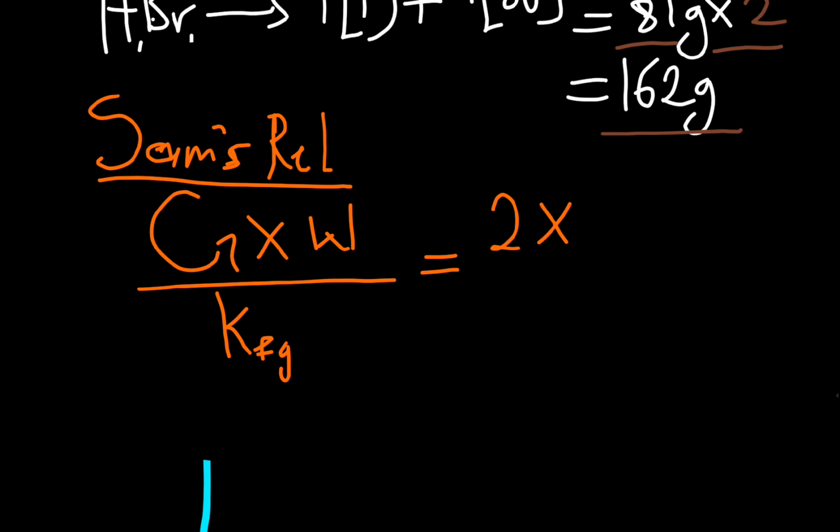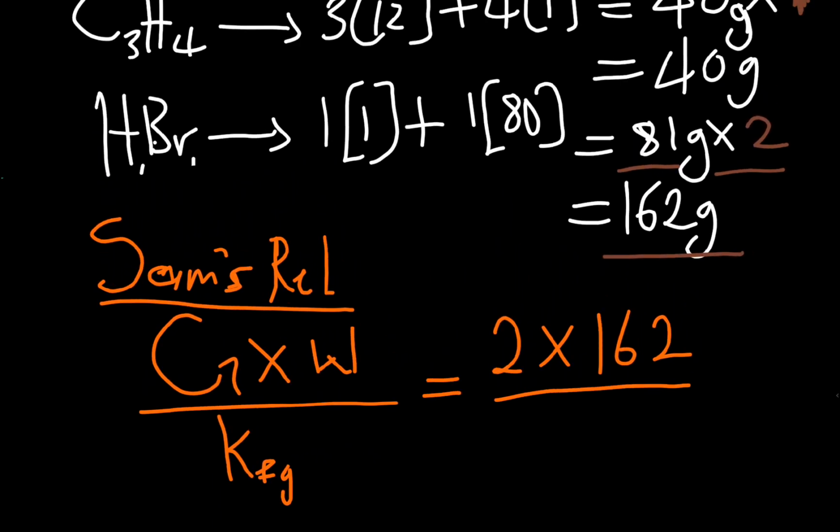So this place becomes times 162 over what we know from the propyne, which is the 40 grams. How did we come about the 40 grams? We made use of the molar mass of propyne multiplied by the number of moles. So this place just becomes 40.